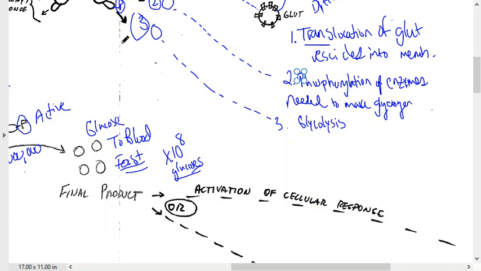And let's just say that this were an adipose cell, an adipocyte, a fat cell. Maybe the second messenger would be in charge of metabolizing glucose.